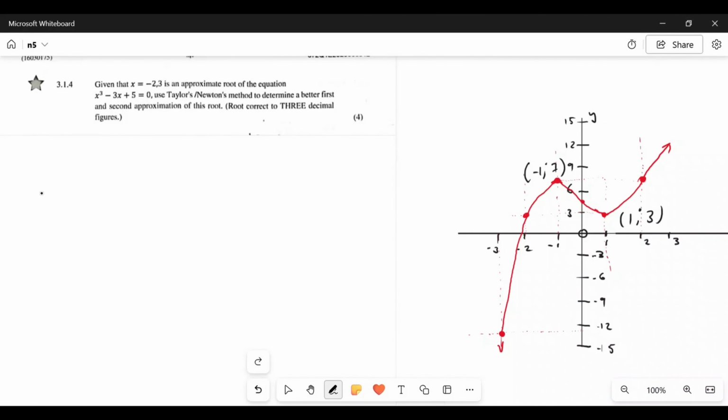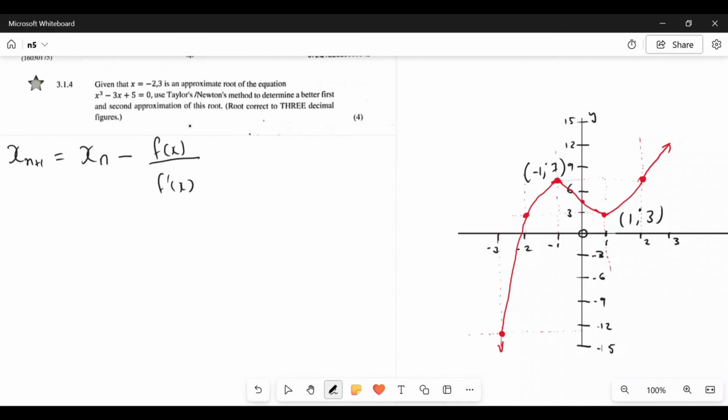So before we analyze though, we have this formula for Newton's method or Taylor's method. And the formula goes like this. We have x n plus 1 equals x n minus f of x divided by f of x prime. So this formula here is the formula that we're going to use to calculate the approximations that they are asking us to find.